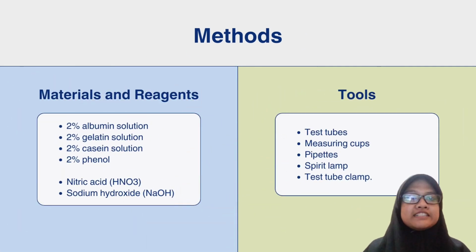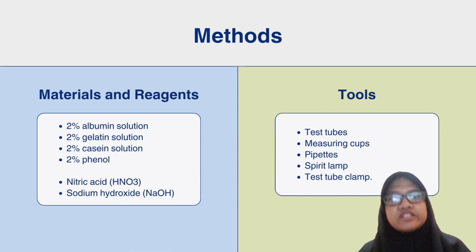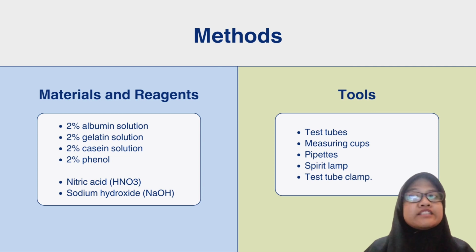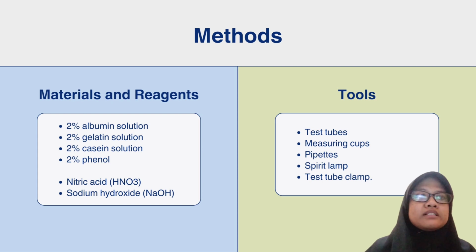So before we start the experiment, we must prepare some tools, materials, and reagents. So here are the materials and reagents for this experiment. The first is we must have 2% albumin solution, 2% gelatin solution, 2% casein solution, and 2% phenol.